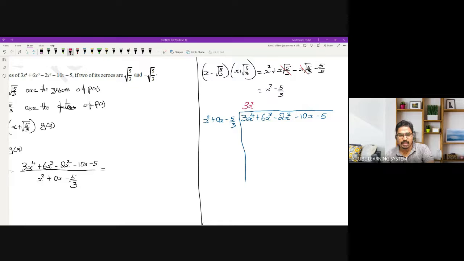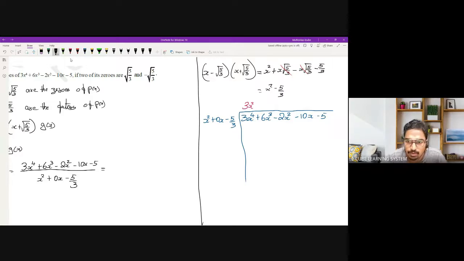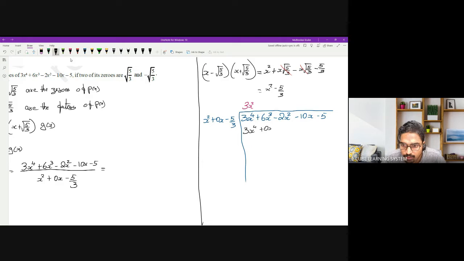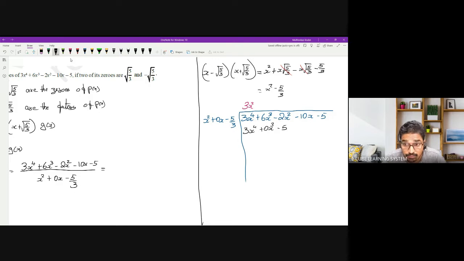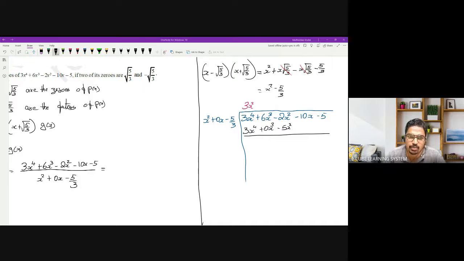When we multiply the quotient with the divisor, what do we get? 3x raised to 4 plus 0x cube minus 5 by 3 into 3x square, minus 5x square.